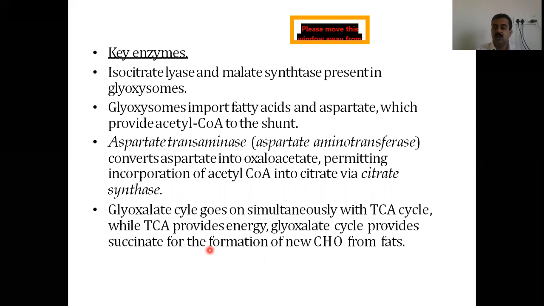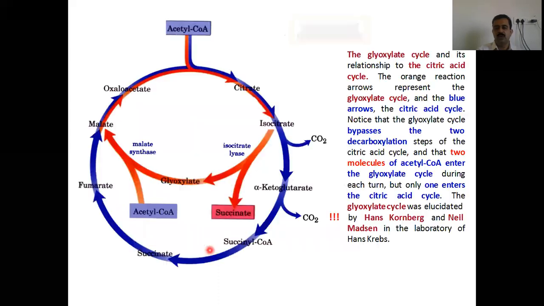My next presentation will be based on the TCA cycle itself, where we can understand this point. So today we have learned about the ED pathway and the glyoxylate bypass or glyoxylate cycle. We are going to learn the TCA cycle in our next lecture.